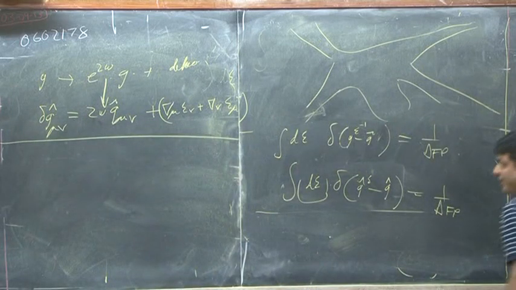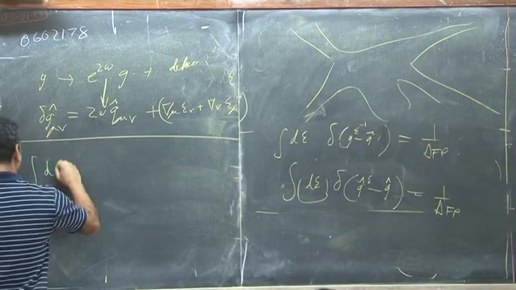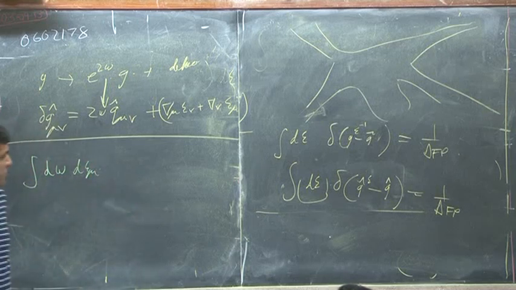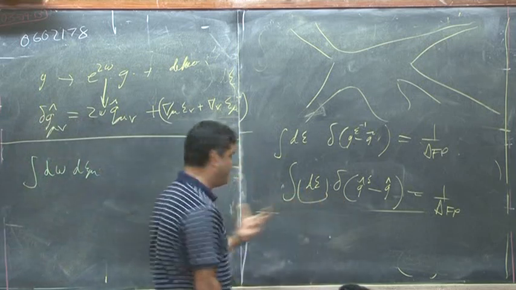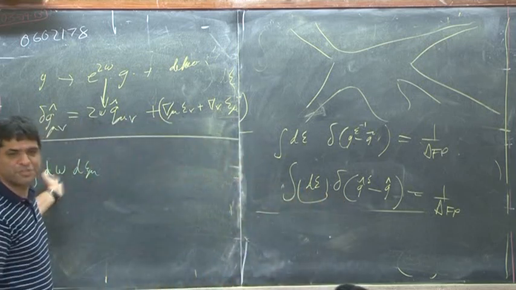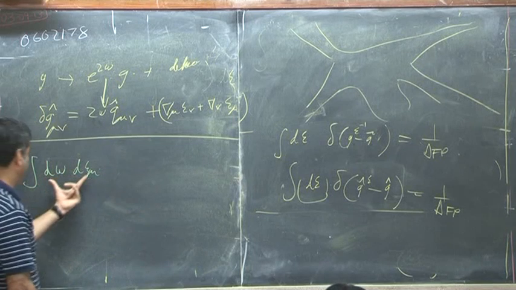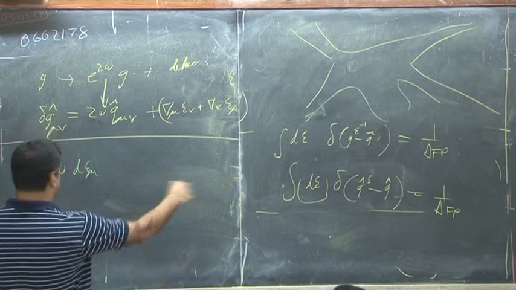Now, this thing here becomes the integral d omega d zeta mu. Really, you should argue that the gauge invariant measure on diffeomorphisms about this point linearizes to a measure proportional to this. It's true, to the extent that. Okay.